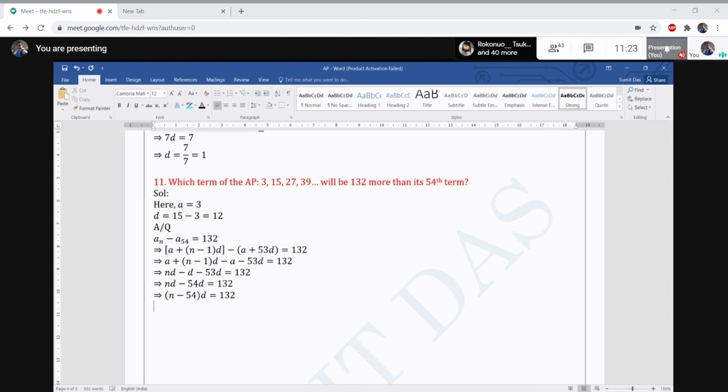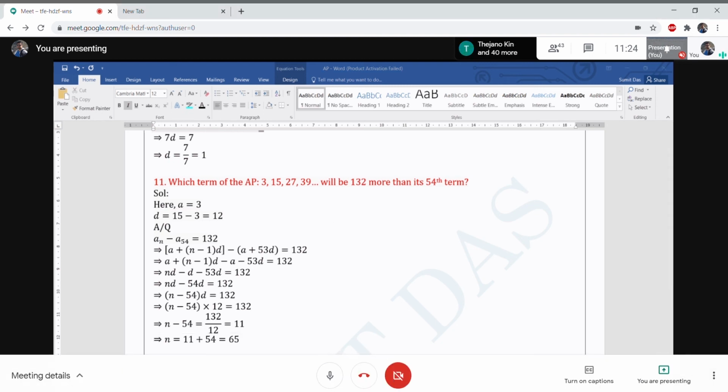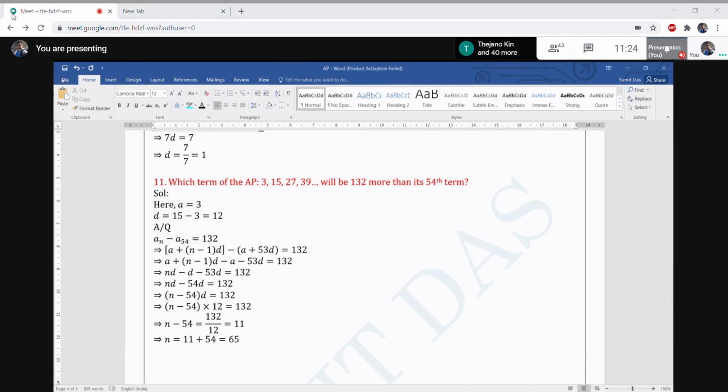We can put the value of d, right? n minus 54, d value is 12, which is equal to 132. Then n minus 54 is equal to 132 divided by 12, which is equal to 11. Then n equals 11 plus 54 equals 65. So what we got? n value is 65.